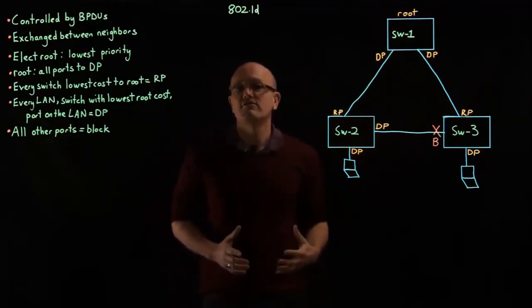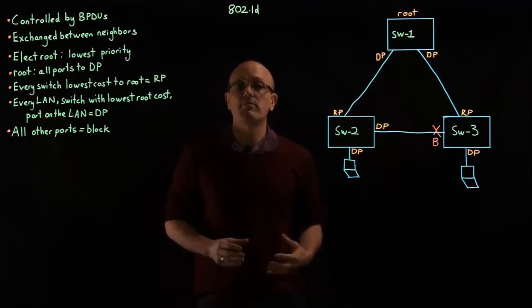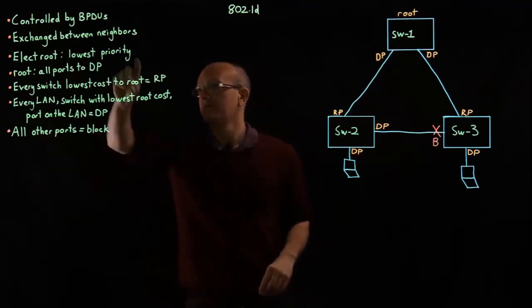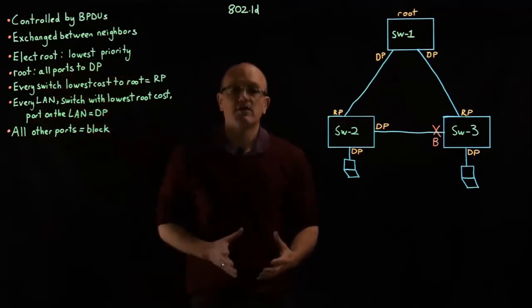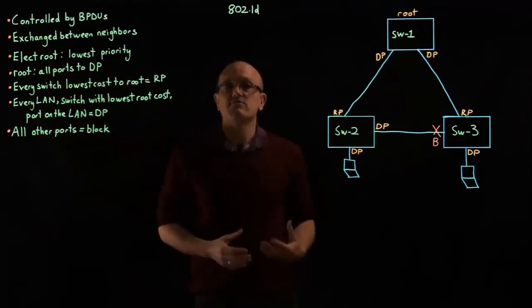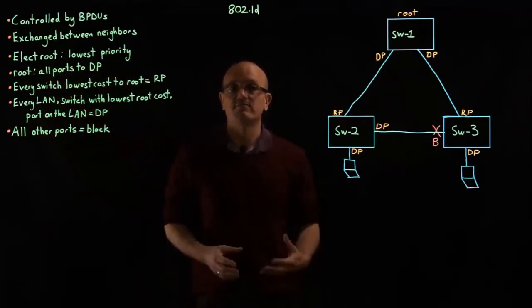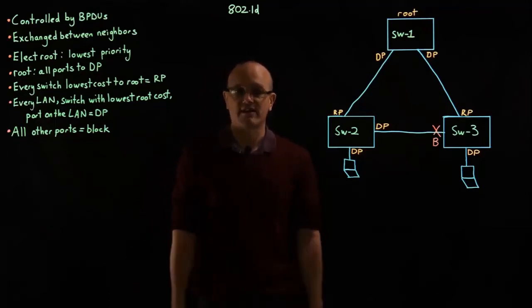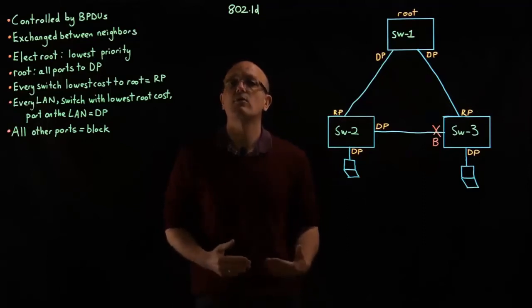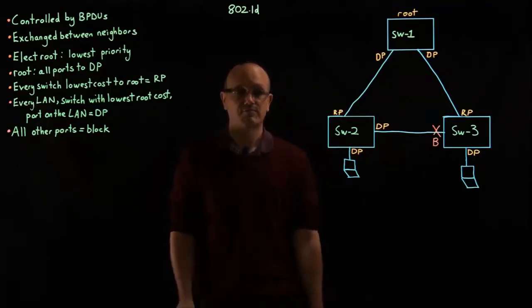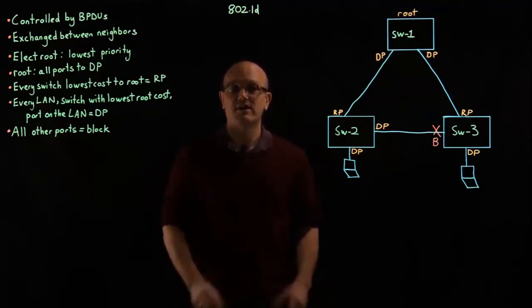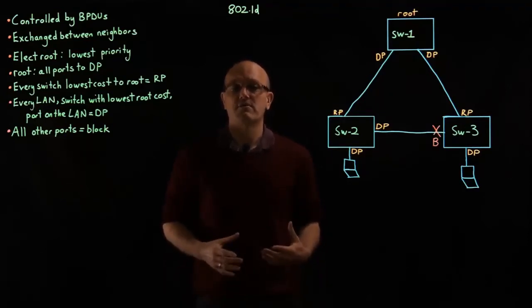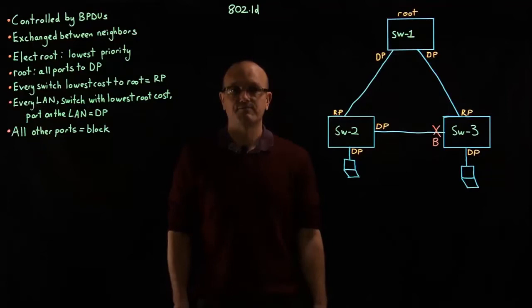So the first step for spanning tree to operate is that we need to elect a root bridge. This is this step here. Essentially, the root bridge election is controlled by a root priority value, and we're preferring the lowest priority value here. And if there is a tie break with the root election, we're going to tie break on MAC address.